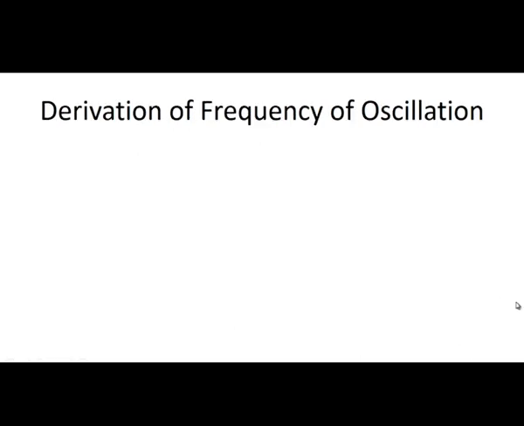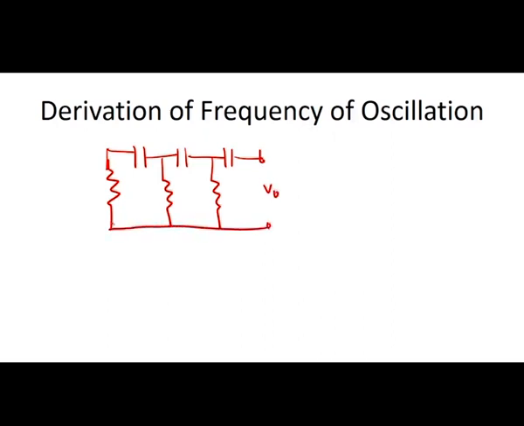So, I am redrawing the circuit of the feedback network. I am drawing here the feedback voltage, and here the output voltage, and all the capacitors are equal, all the resistors are equal.